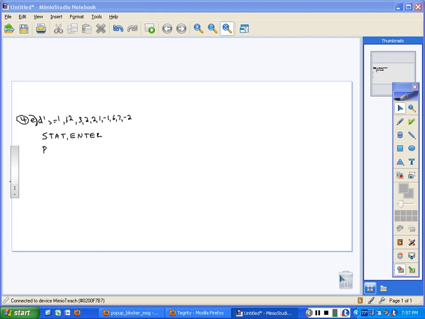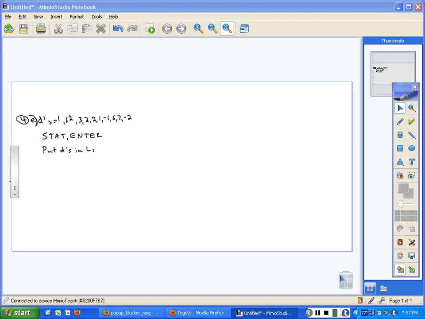And we're going to put the D's in L1. Or as I said before, you can put the befores in L1, the afters in L2, and then have L3 do the subtraction for you. You go up and you highlight L3, and then you say second L1 minus second L2. And then when you go to get information in a minute, you'll have to tell it L3.